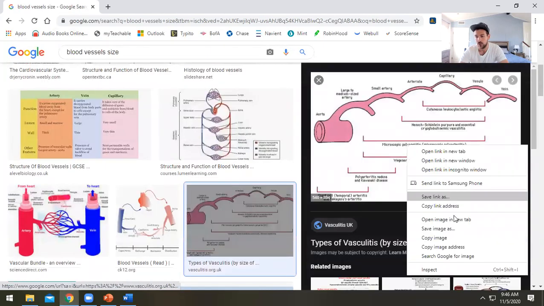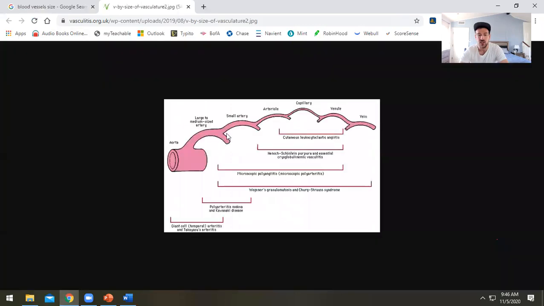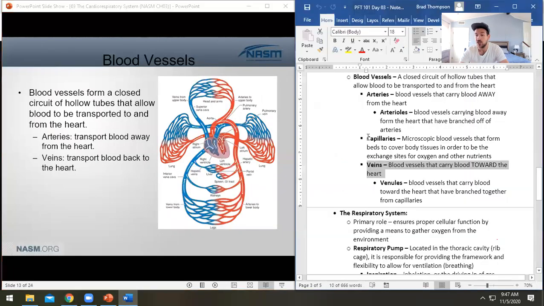There's a great little picture right here. You can see the huge blood vessel in your aorta, right? Then it becomes a much smaller tube like an artery. It gets a little bit smaller, and then eventually it becomes what we call an arteriole, which is a miniature version of an artery, right?